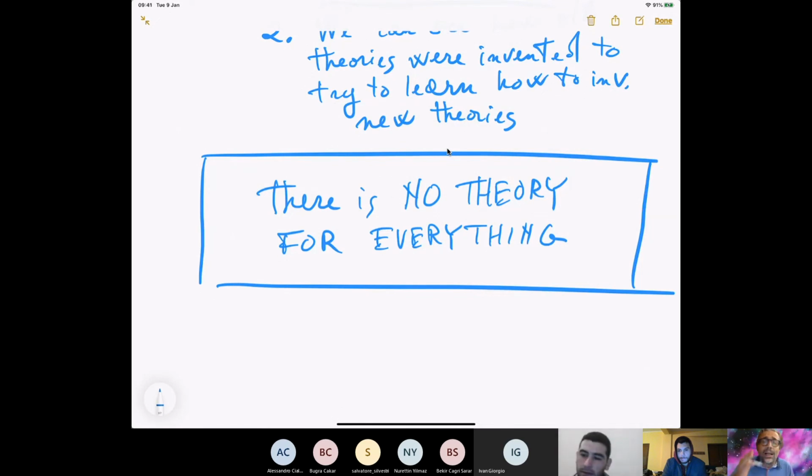Okay, I give you the classical example. We described the motion of the Earth around the Sun and the motion of the Moon around the Earth. And we assumed that the Earth is moving following some rules, and the Moon also, and the planets also.